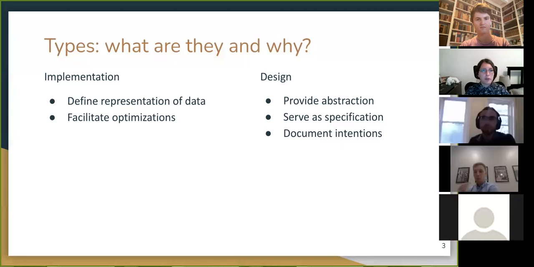That's something we call abstraction. We also use types to even just document what we mean, because usually types are used to represent something in the domain that we write programs for. So there are many things that types can be used for and be thought of as.